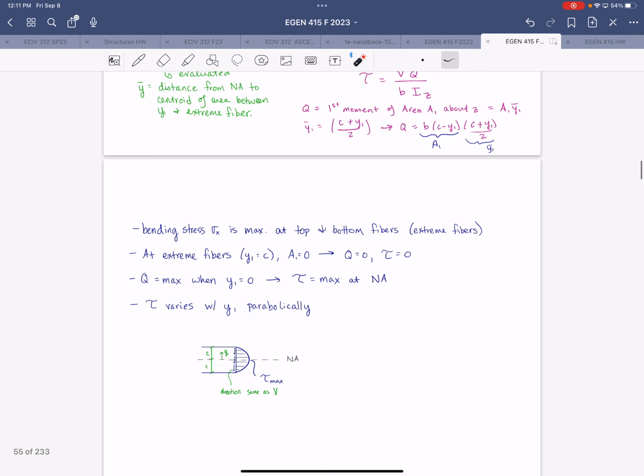So for a rectangular cross-section like this, your shear stress distribution would be parabolic following that pattern that you see. But I'm going to note here that this conclusion is true for a rectangular cross-section, and then I'll make a note for general applications.